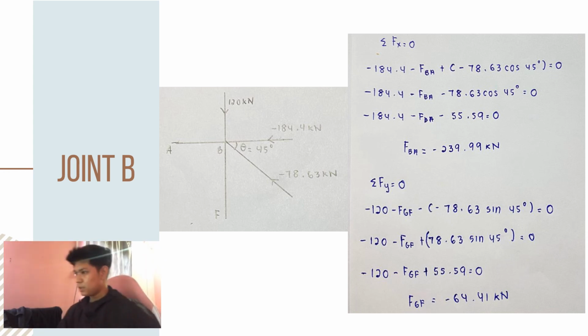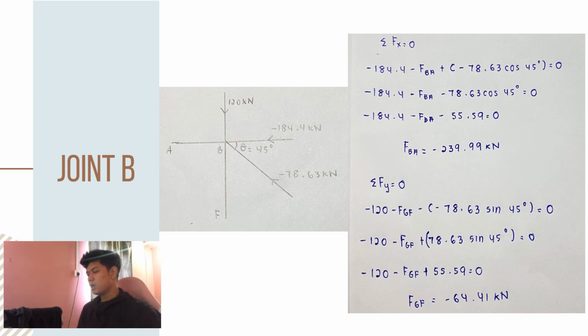So negative 184.4 minus FBA minus 55.59 equal to 0. So we got FBA which is negative 239.99 kilonewton.